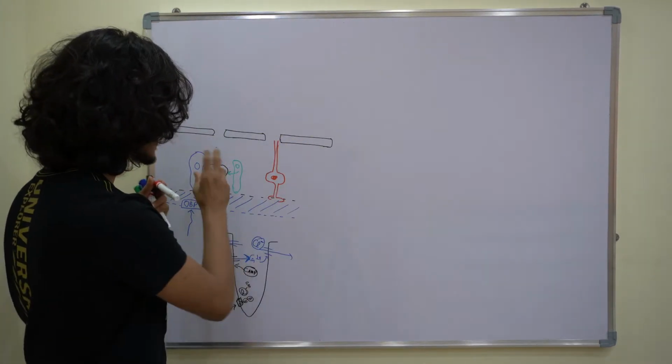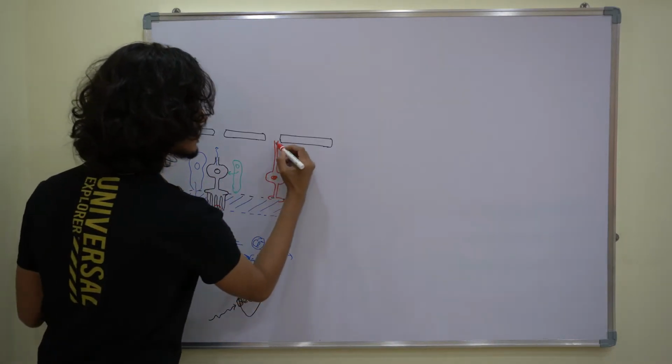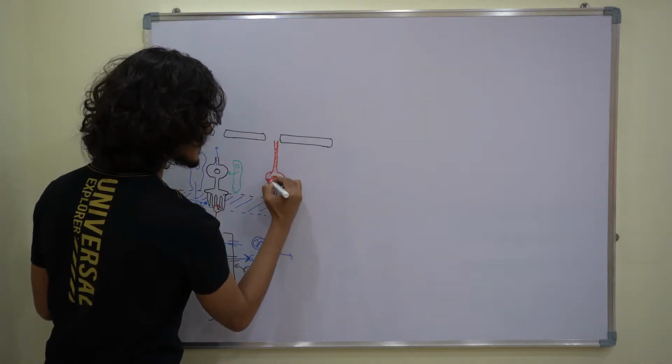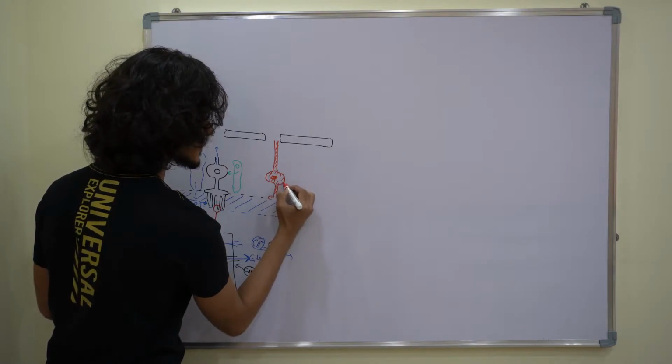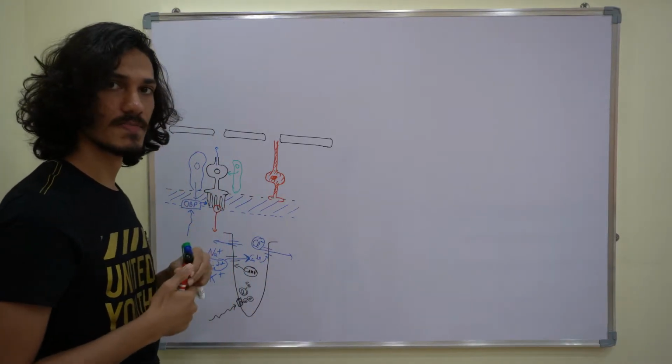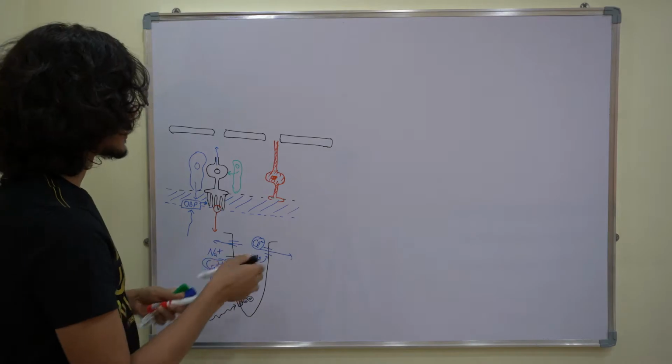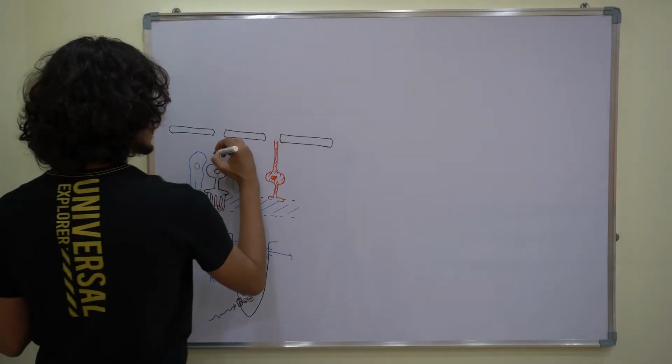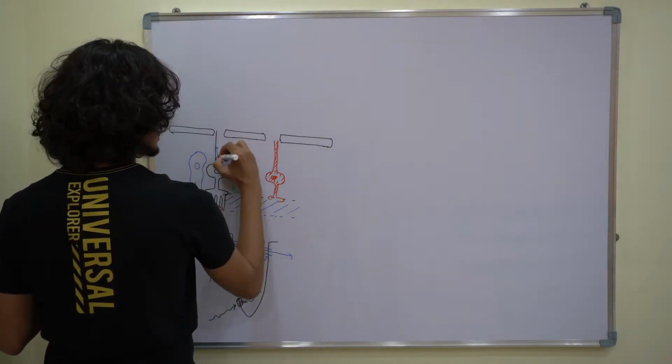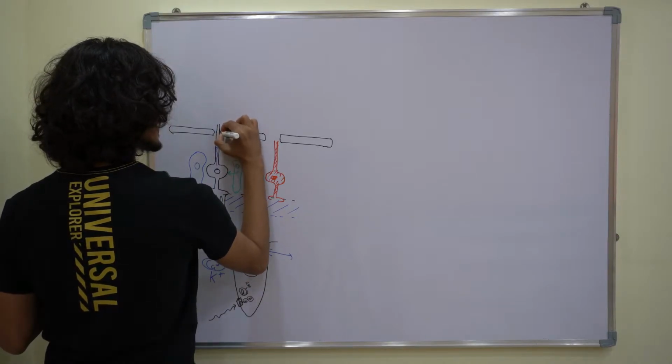Just know that this olfactory neuron is sensing a different smell because it has a different receptor compared to this olfactory neuron. Now this is going to pass through the cribriform plate and go over here.